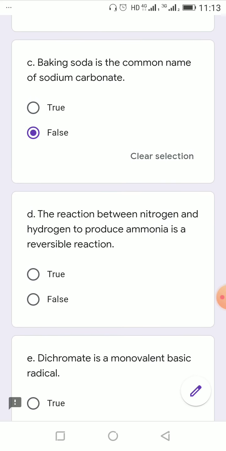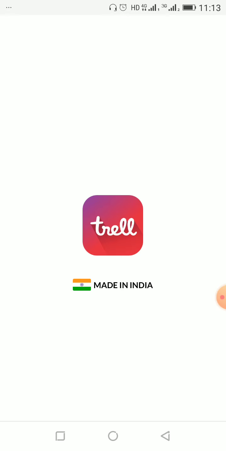The reaction between nitrogen and hydrogen to produce ammonia is a reversible reaction. It is true. It's a reversible reaction. Just a second.